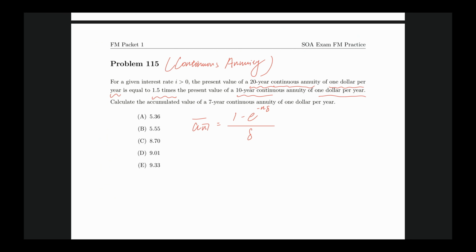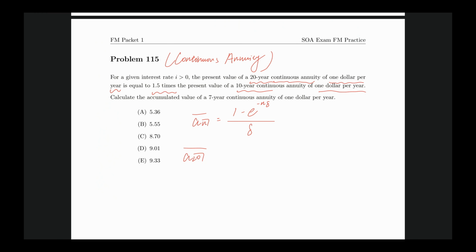So this is saying that the continuous annuity of 20 years is equal to 1.5 times the continuous annuity of 10 years. According to the formula, 1 minus e to the power of negative 20 times the force of interest, over the force of interest, is equal to 1.5 times 1 minus e to the power of negative 10 times the force of interest, over the force of interest.